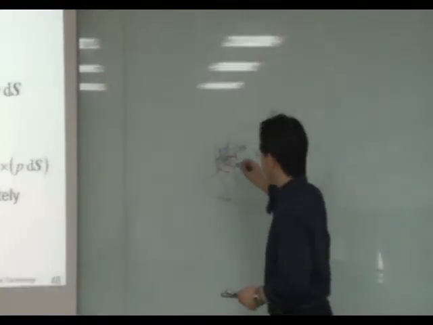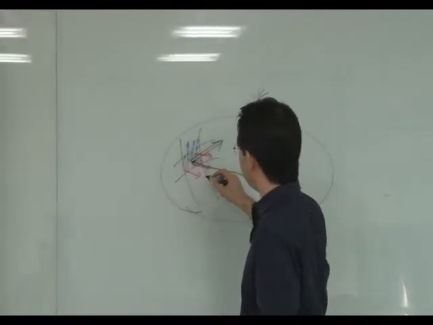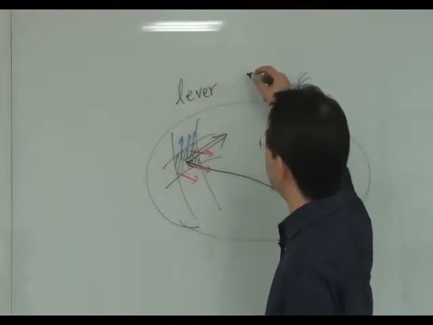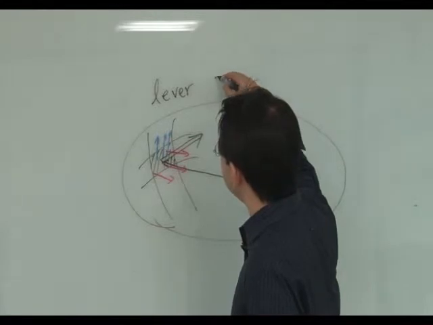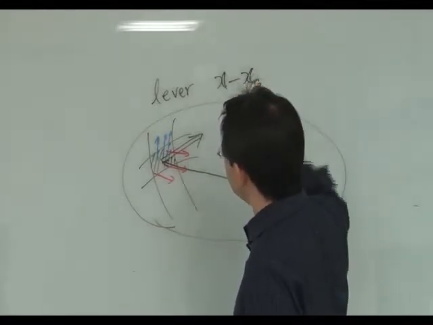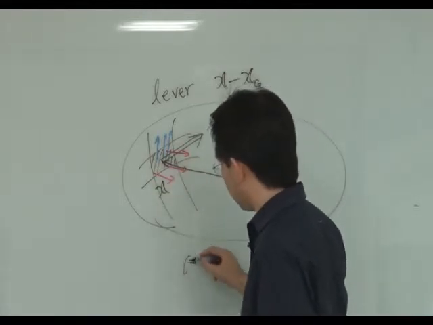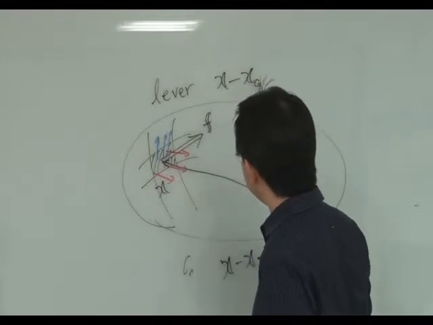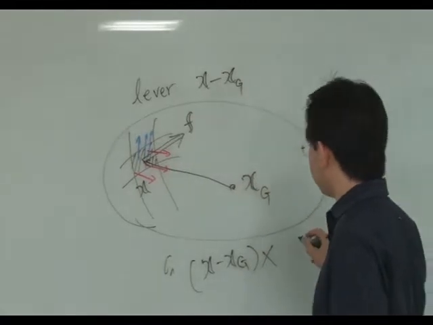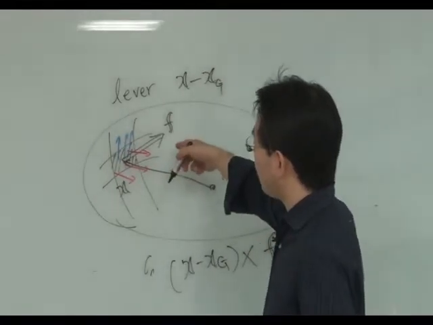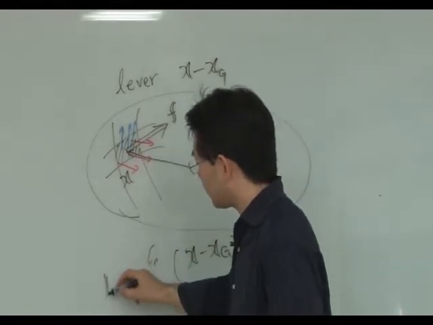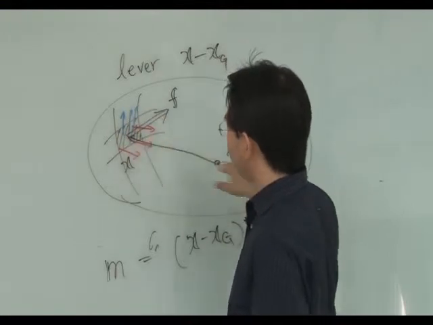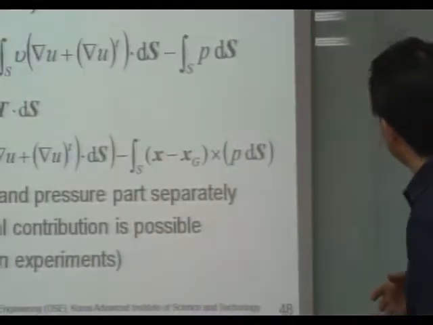And if we consider the lever vector, a relative position vector from the center of gravity to the present position, if this is F, X, the lever vector times the force vector on the surface leads to the moment contribution from this patch surface to the center of gravity.